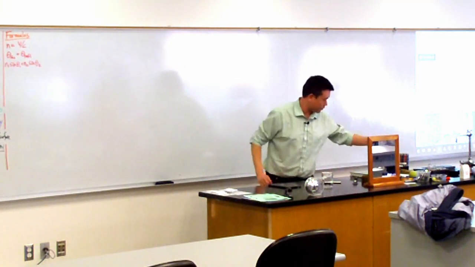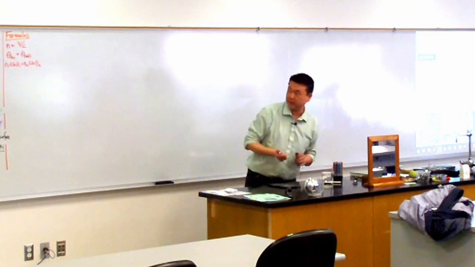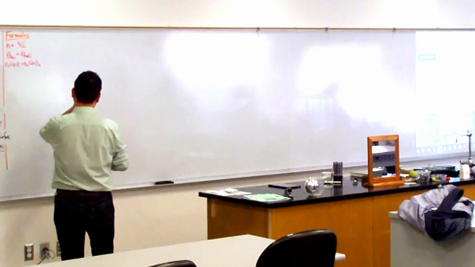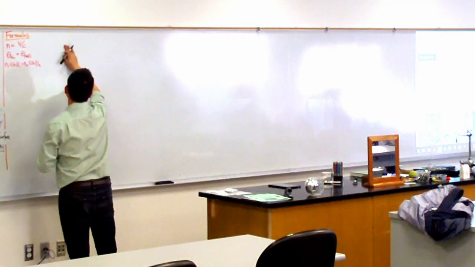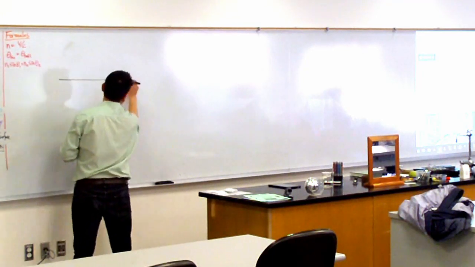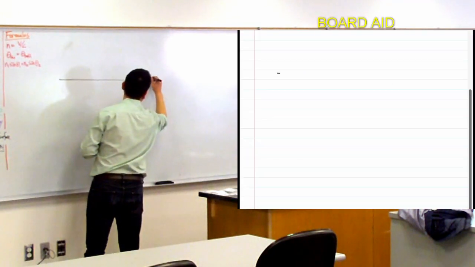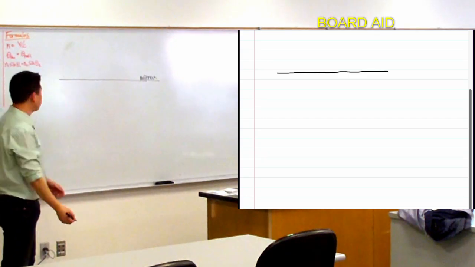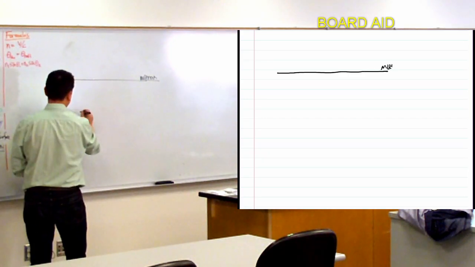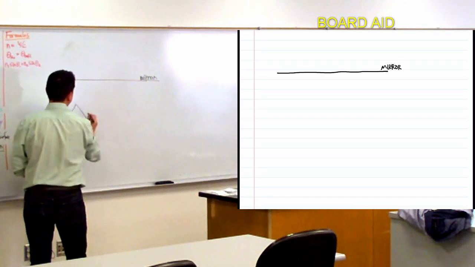So let me draw a diagram because it's hard to just point at things. Let me draw the mirror here. If you have a mirror, for example, and you have something or someone over here, I guess I'll draw a triangle.